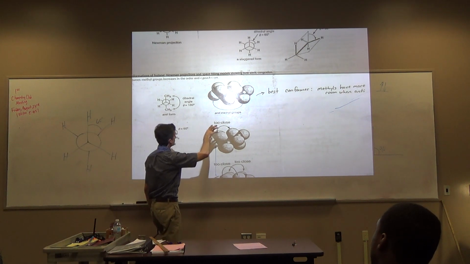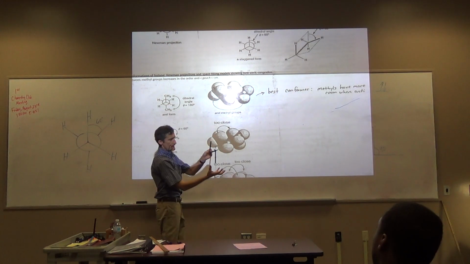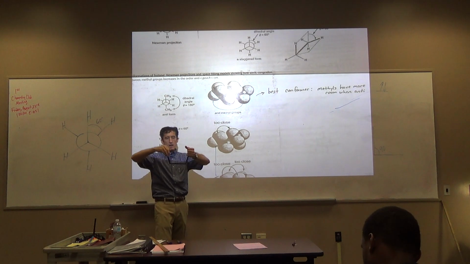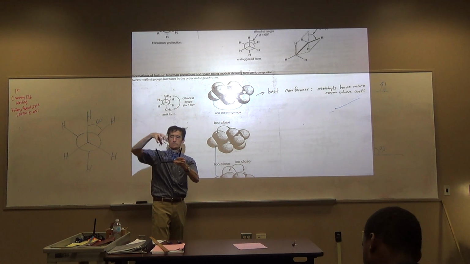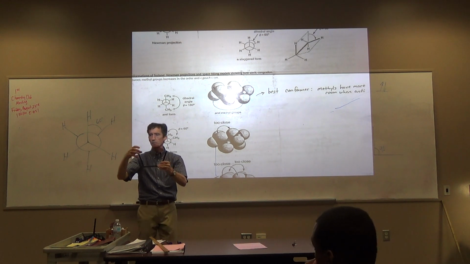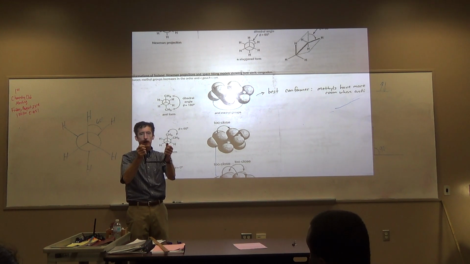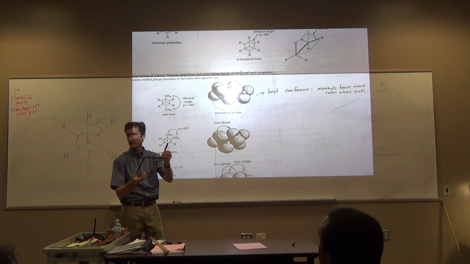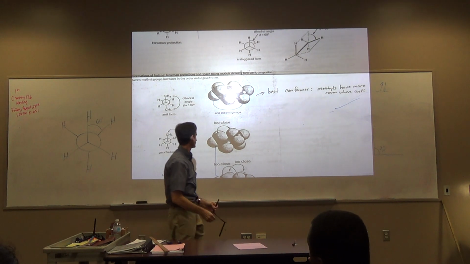And if you look at the space-filling model, see, this is really H's here. There's some space here. And if you put these up, the space crowds each other. Okay? Imagine two volleyballs here, or softballs. They're just close to each other. So it'd be like, okay, I got more room here to breathe. Okay, anti.